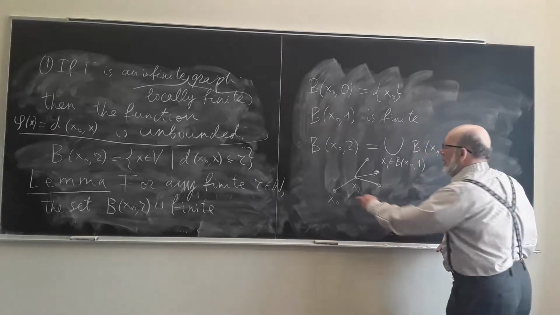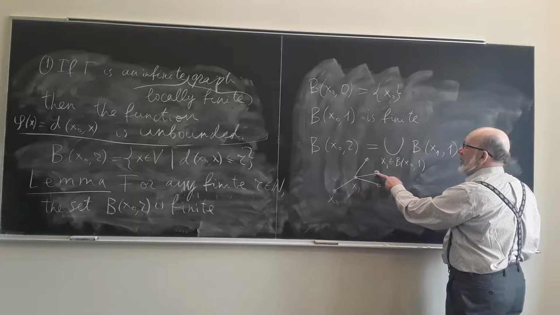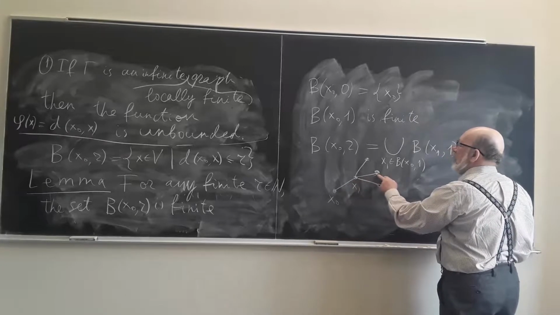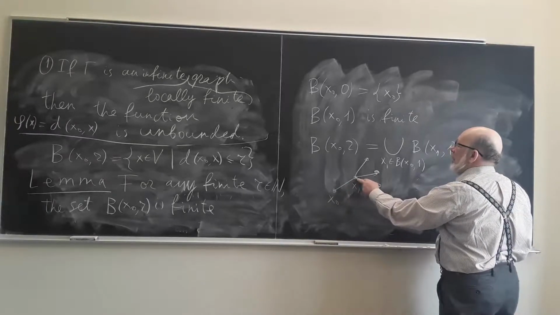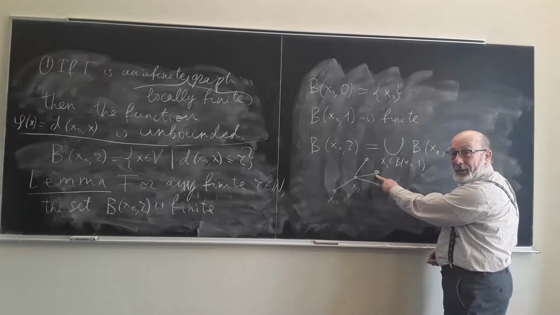So to reach the vertex which is at distance 2, we have first to make one step and approach it to distance 1. Yes?